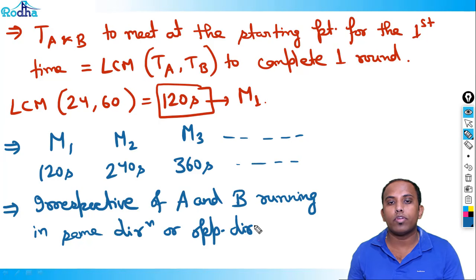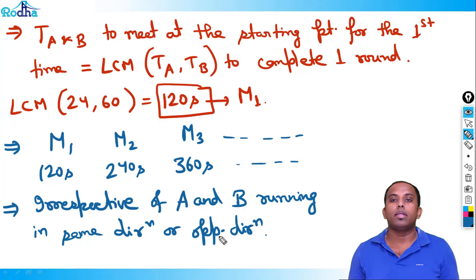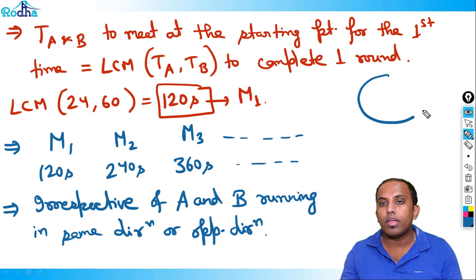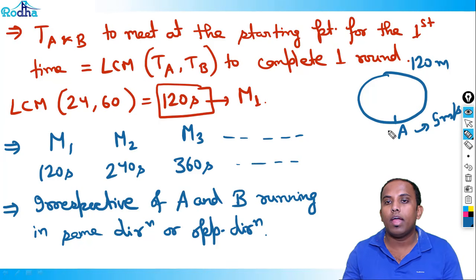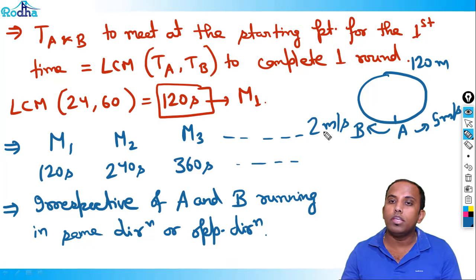Okay, this is irrespective of A and B running in the same or opposite direction, right? Because if the length is 120 meters and A is running this side at the rate of 5 meters per second, and B is running this side at the rate of 2 meters per second, then also A will reach the starting point.